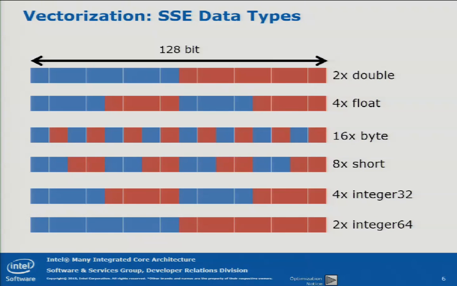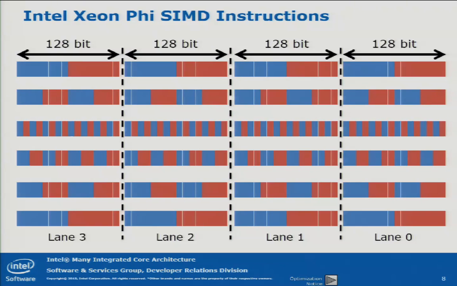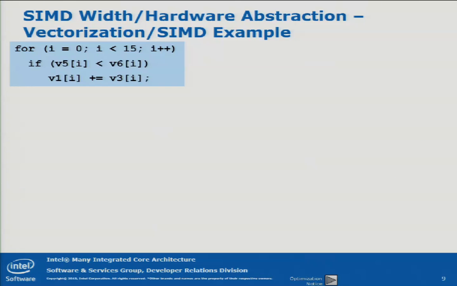Different data types, so two doubles, 4 floats, 16 times a byte operation or something. Then with AVX, we got the same, but double the width. With MIC's 512-bit SIMD instructions, we again doubled the width. So we can, for example, compute 8 double precision elements or 16 single precision elements in one single instruction and deliver that every clock cycle, basically, at least running at peak.